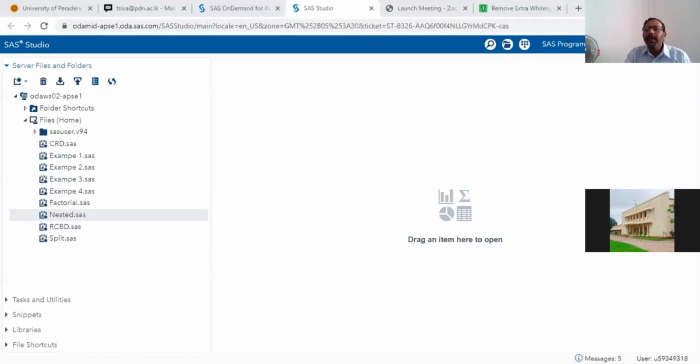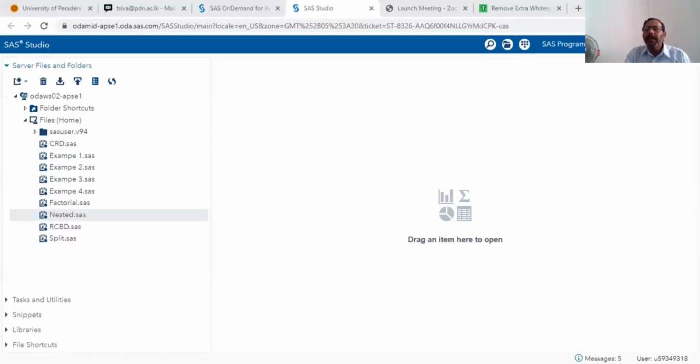Right? Now, factorial experiments. Let's go with the factorial experiments. I have already converted the data into SAS form. I will use that data, right? So everyone should convert your data into SAS form, and only then you can continue.